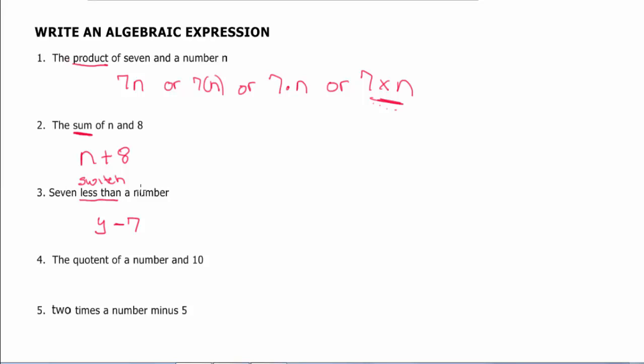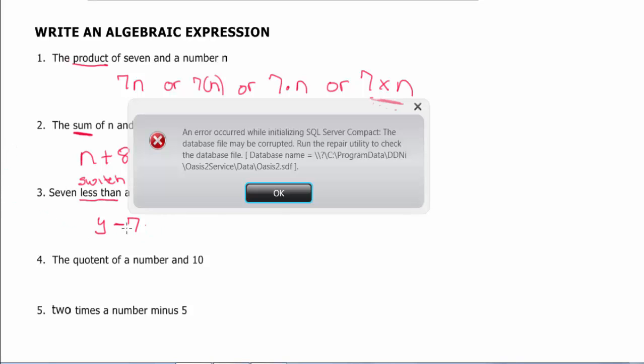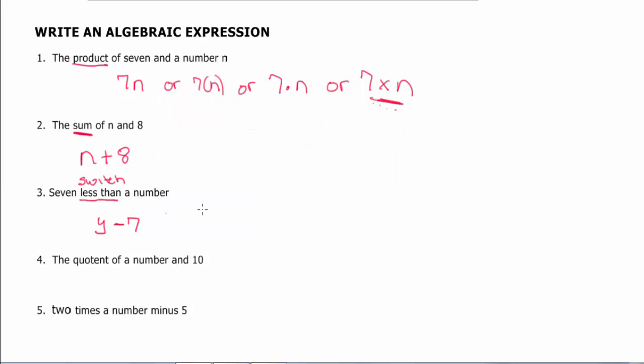Now if it said 7 minus a number, then it would be the other way around. You could have put x - 7, or p - 7. Any letter that you want.